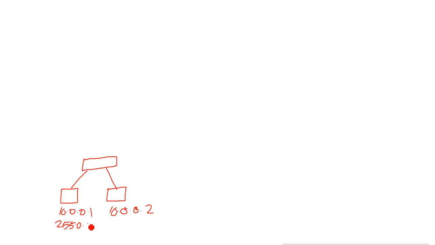So when we ping any machine, suppose I am pinging this machine from this machine. What happens? When we give the ping command and say I want to ping 10.0.0.2, this machine will check what its own IP is.